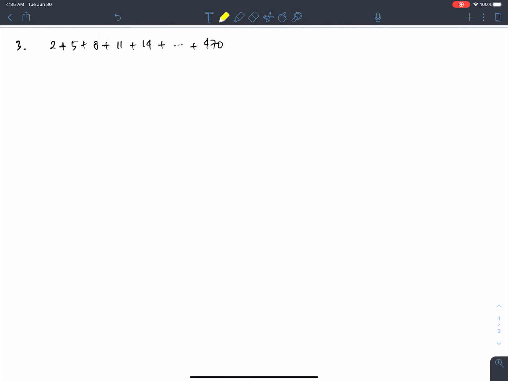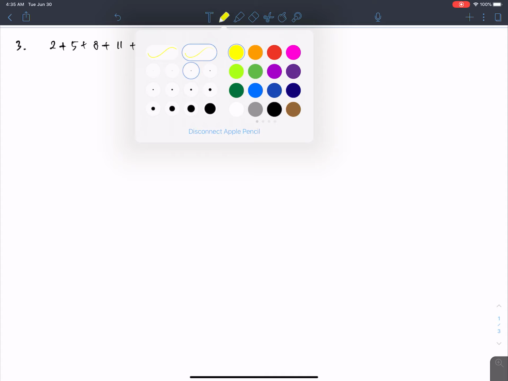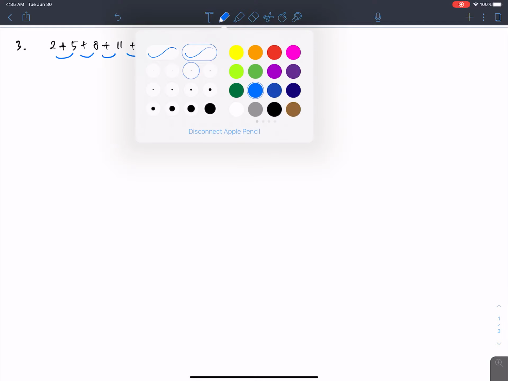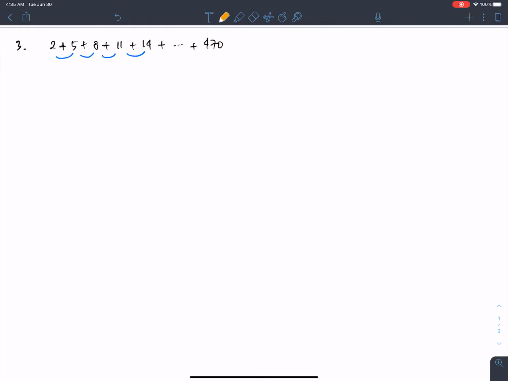Before we continue the process, we need to look at whether this is an arithmetic series or a geometric series, easily by checking whether they have a fixed difference or a fixed ratio. For this case, definitely it is a fixed difference: 3, 3, 3, and 3.